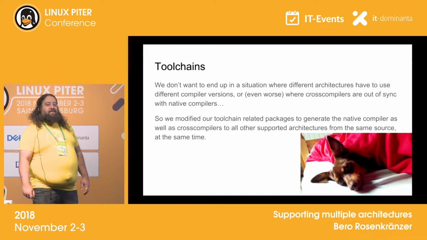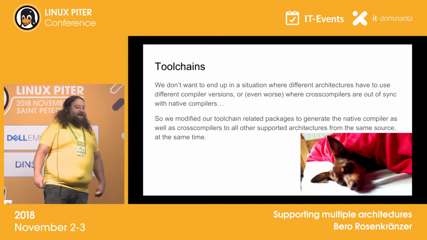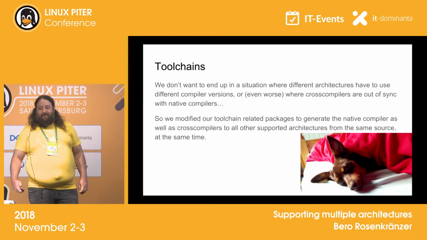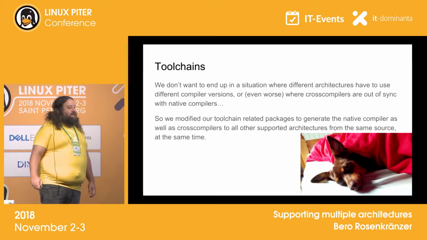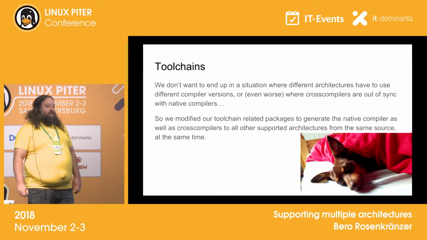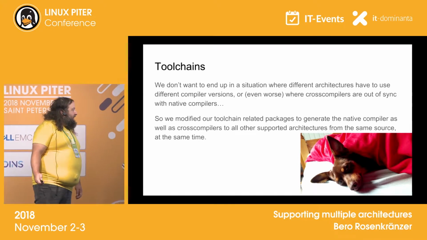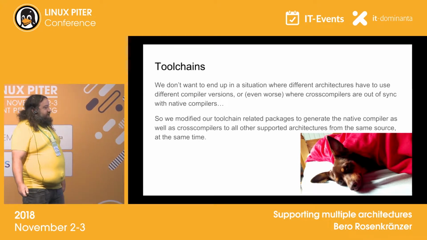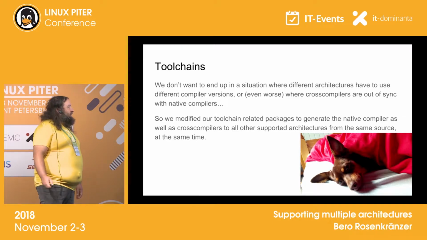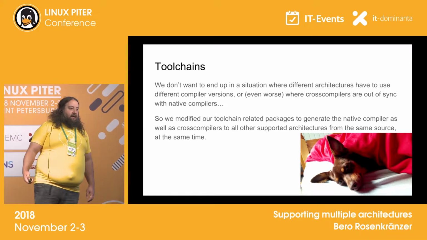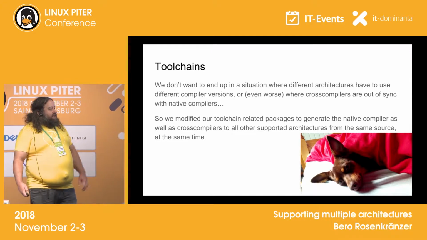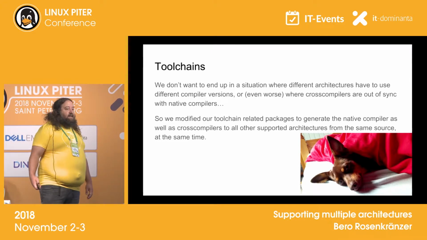And I'll admit it, we are lazy as well, so we don't like having to update 10 packages containing essentially the same code for 10 different architectures. So we modified our toolchain packages to generate the native compiler and cross compilers for everything else from the same source at the same time. Next, I'll address how to do that.